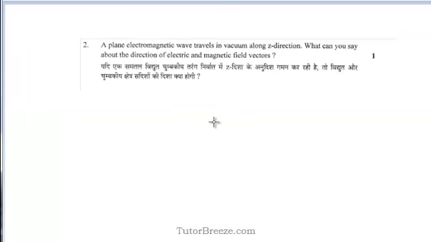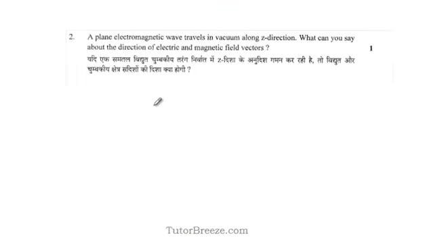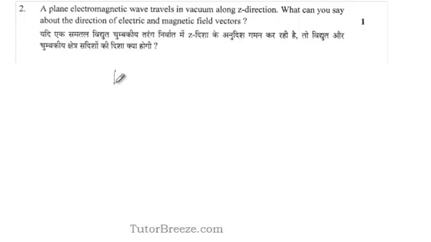See, in this case, the electromagnetic wave is traveling along the Z direction. If I denote the direction of travel of the wave by a K vector, then the electric field and the magnetic field both have to be perpendicular to the Z direction.